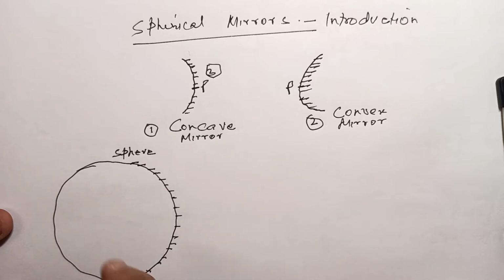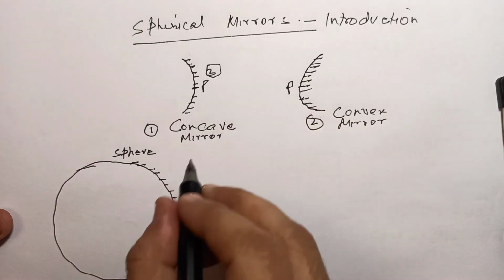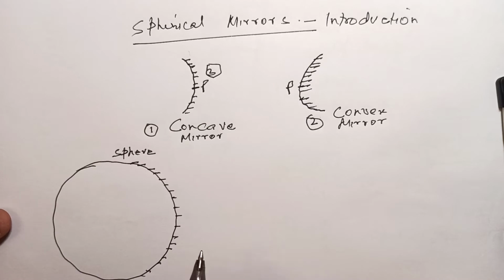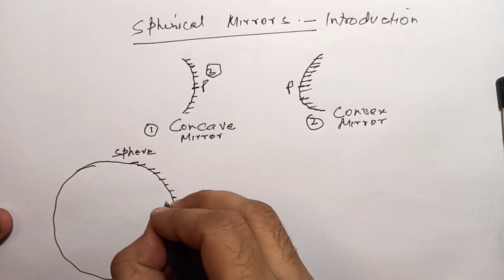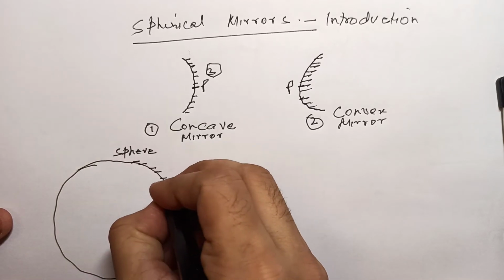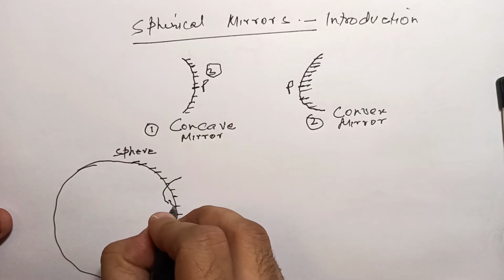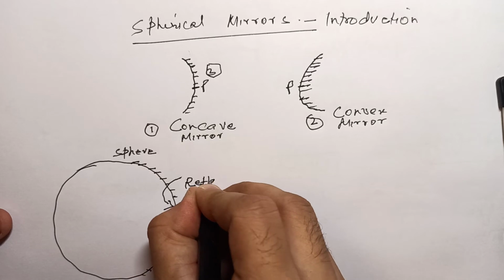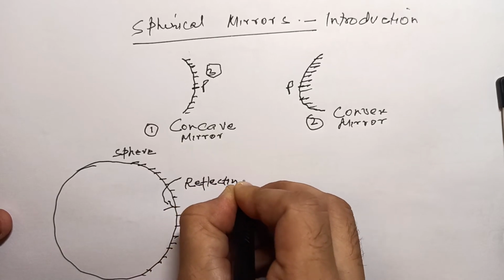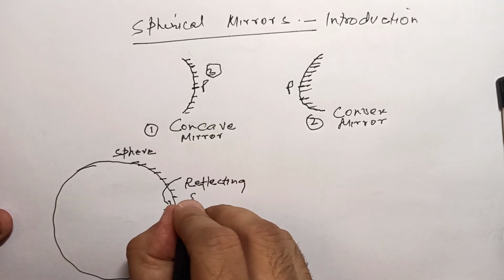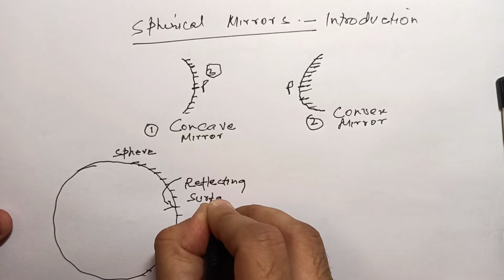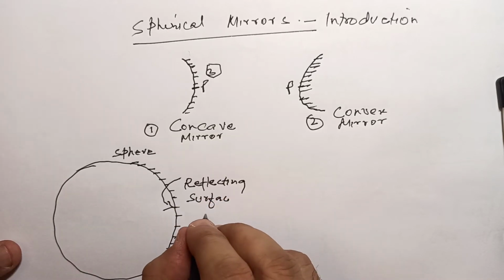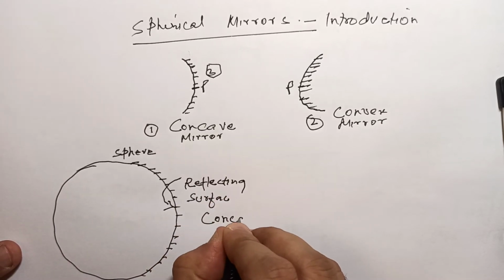So this is what we have just discussed. It is a concave mirror. I can write it this way. This portion is the reflecting surface of concave mirror.